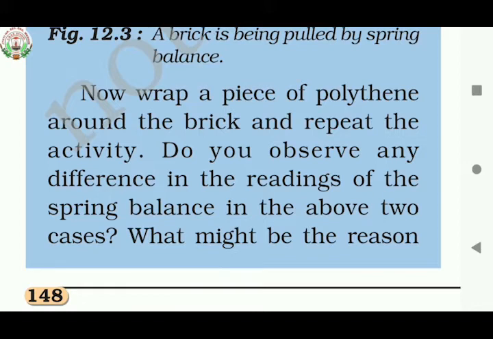So from this activity, we can conclude that the friction is not same for all the surfaces. In smooth surface, less friction is there, and in rough surfaces, more friction is there.